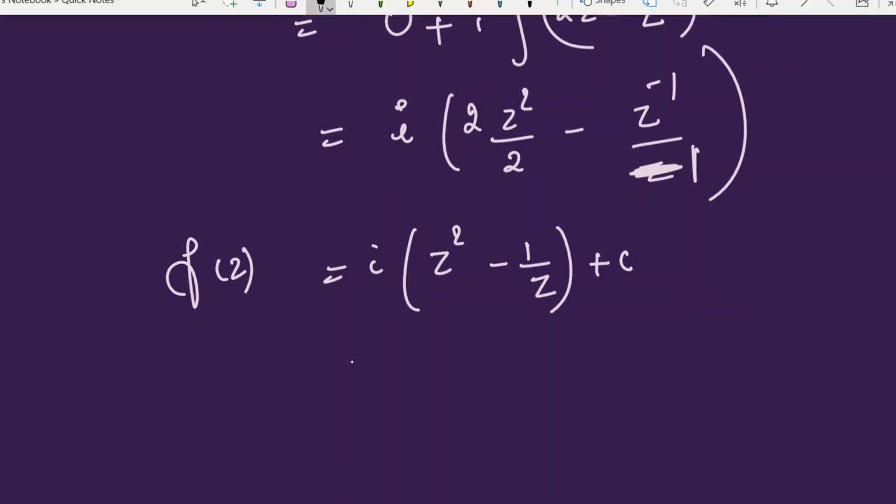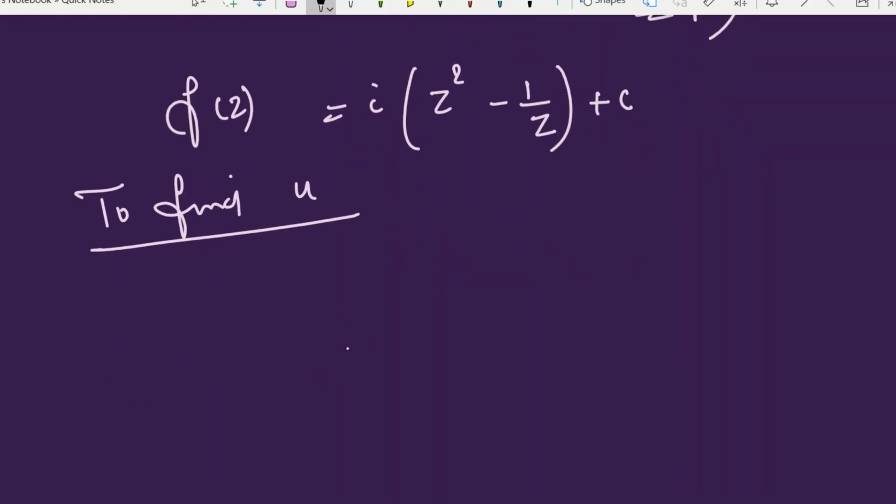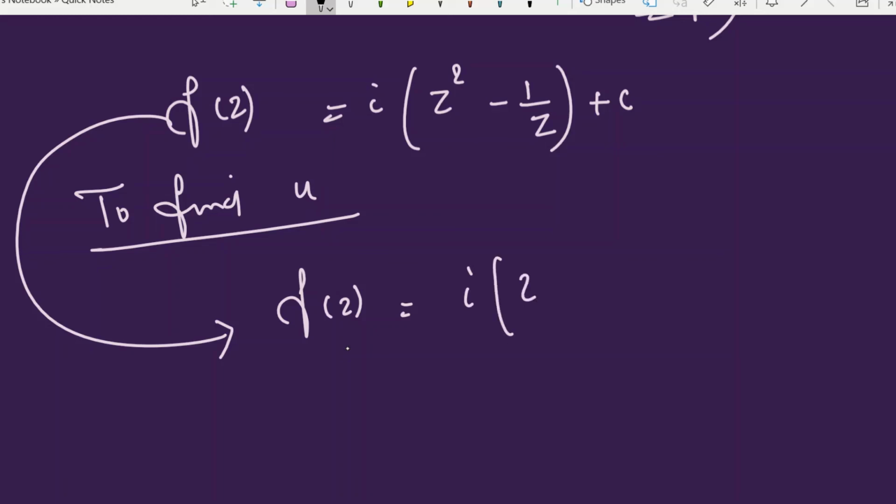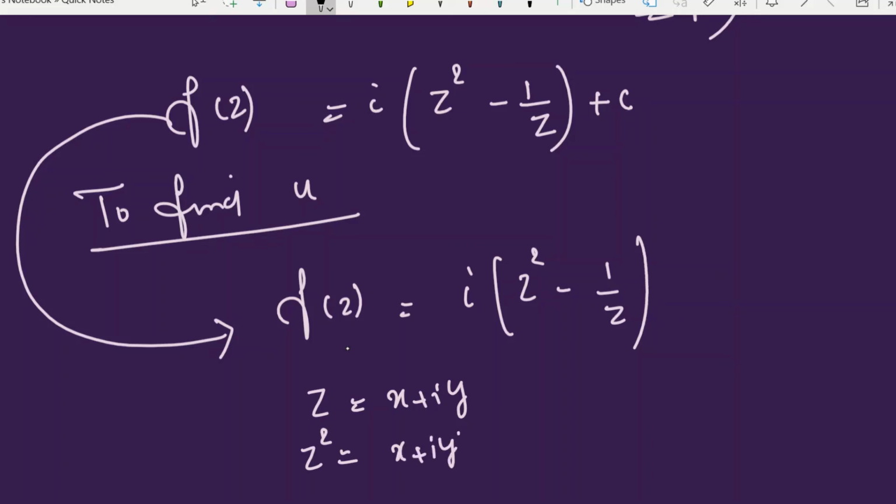Now we have to calculate the conjugate, that is u, to find u. So for finding u, consider the same function without c. So f of z is equal to i z square minus 1 by z. Now replace all the values. z value is x plus iy. z square means what will happen? x plus iy the whole square.